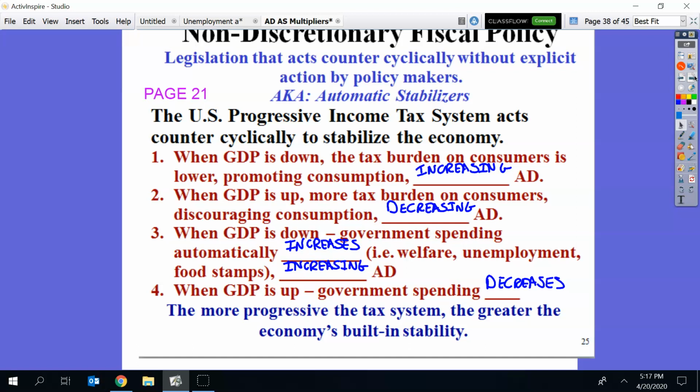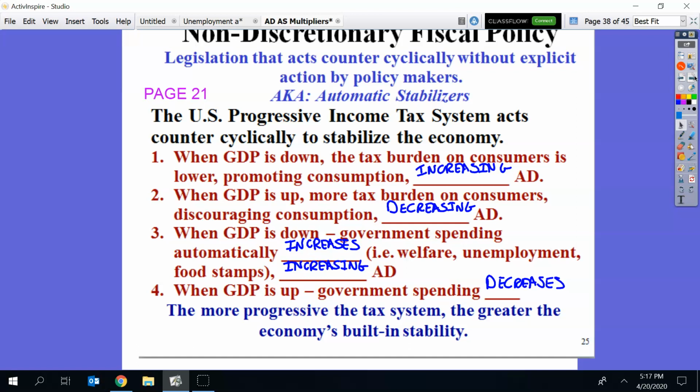Alternatively, if GDP is up, fewer people need or qualify for welfare, unemployment benefits, food stamps, and so forth. So automatically, government spending will fall, which, again, acts like a contractionary force on the economy, decreasing aggregate demand. The more progressive your tax system is, the more of an effect these automatic stabilizers will have.